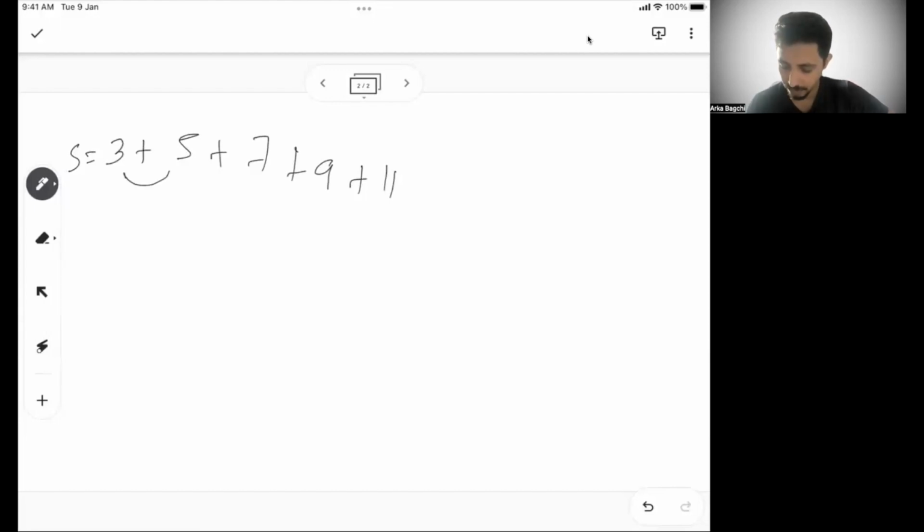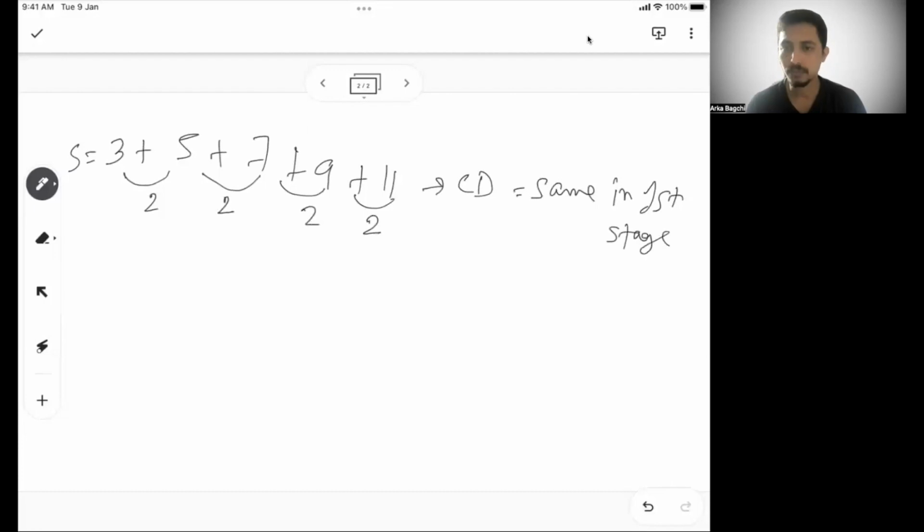See, the difference between 5 and 7 is 2, 7 and 9 is also 2, 9 and 11 is also 2. So what we can say here is, in the given problem itself, your common difference, or CD, is the same in the first stage itself.